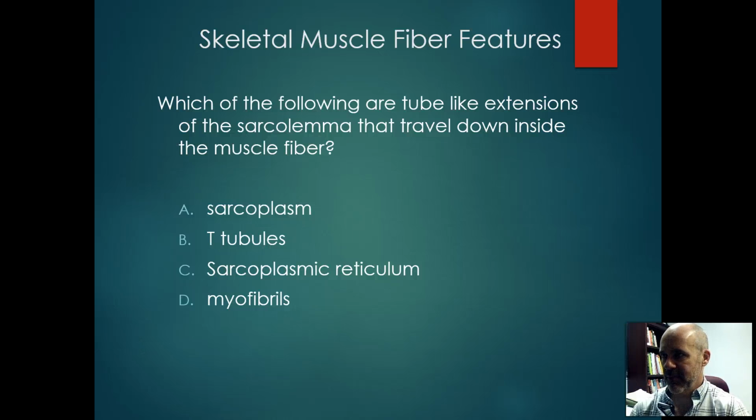So you got to learn what these words mean. Sarcolemma, that's another name for the cell membrane around a muscle fiber. Then you got these tube-like extensions that travel down. They're like little indentations or invaginations of the cell membrane, the sarcolemma, that go down inside the muscle fiber. And so hopefully you're thinking T-tubule on those.